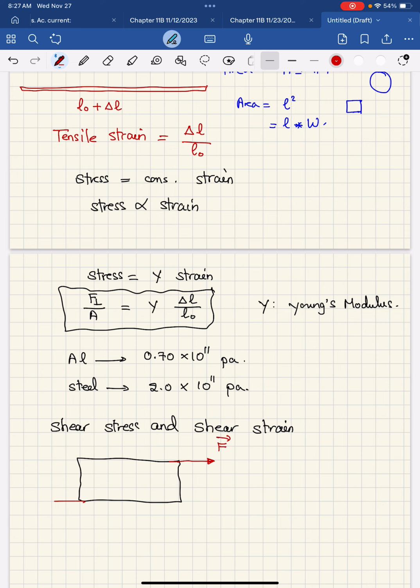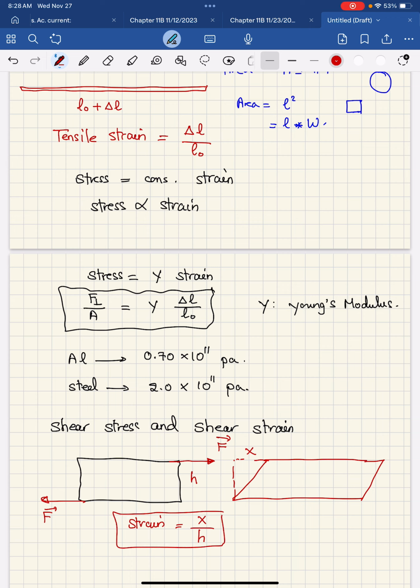This is F and this is F. And let me assume that this one has these dimensions, this is H, and when we have that deformation, this one I'm going to call X. Now the strain here is going to be X divided by H.